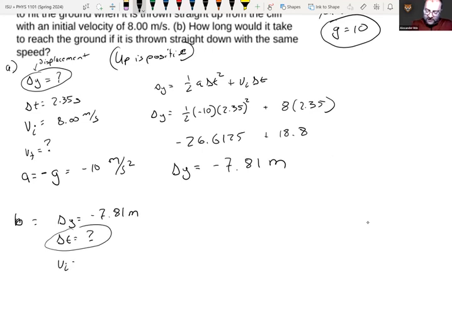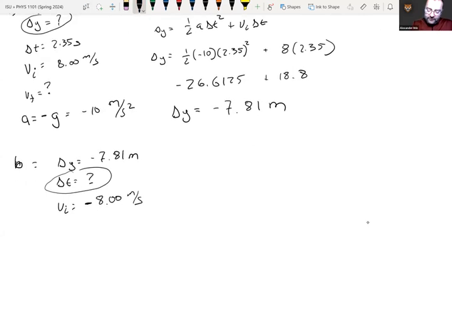Now, the difference here is it says v sub i is still 8.00 meters per second, but it's thrown straight down, which means, again, like I said, we need to make this a negative. If it's going down, we need to make it a negative. Okay. And then our a is going to be negative 10 meters per second squared again. All right. So that's what we go with there.